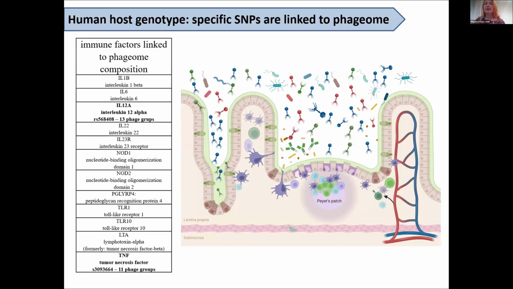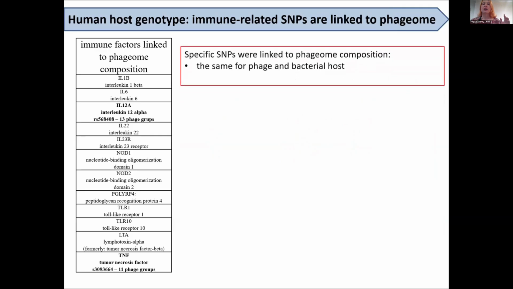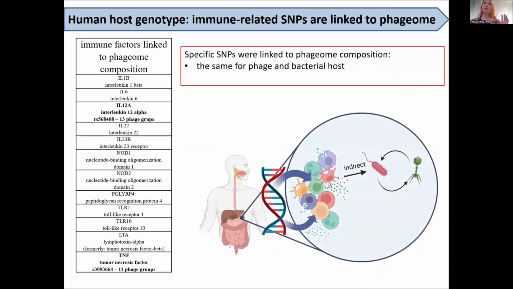Because what correlates here is the presence of specific phage groups that correlate to a specific SNP. Okay, and the same question as in the very general way. We have found SNPs that were linked to phages, but at the same time, they were linked to bacterial hosts. So for sure, we have this indirect regulation.